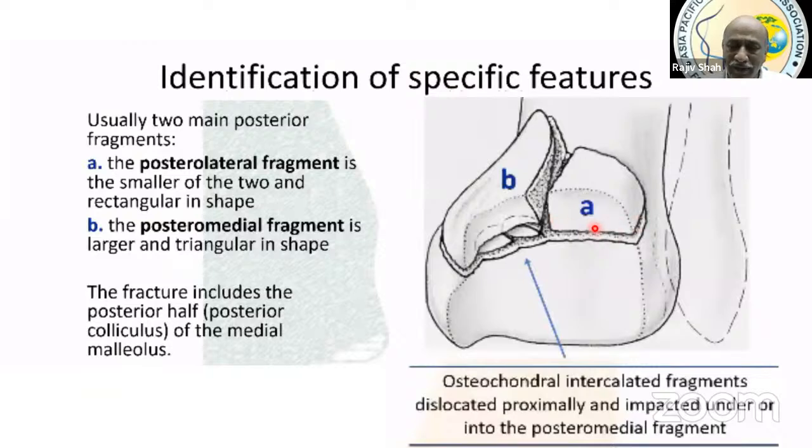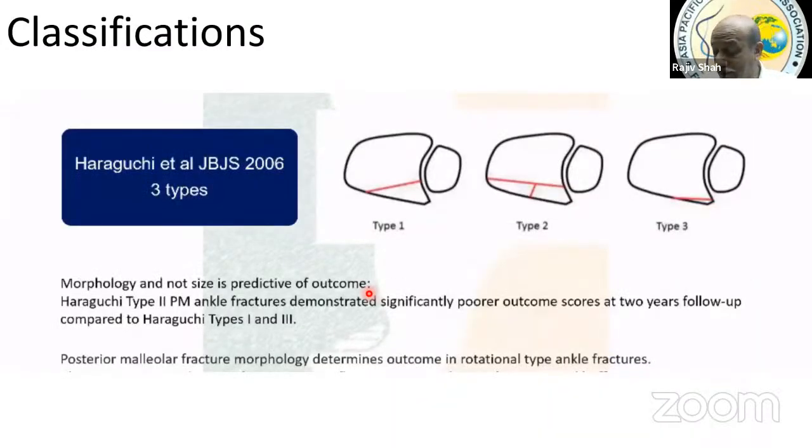Maybe you may put in a wire. Sometimes you may have to leave that wire as a lost wire, and then reduce it. Going forward, we will see some slides about how to manage intercalated fragments with posterior malleolus fracture.